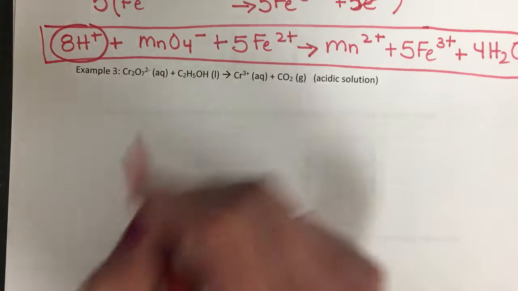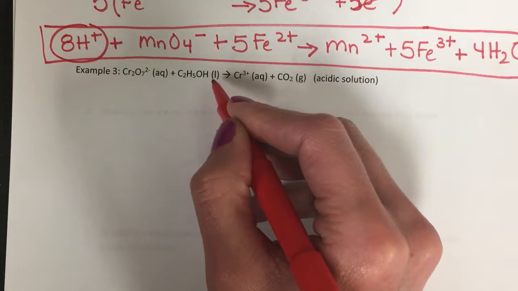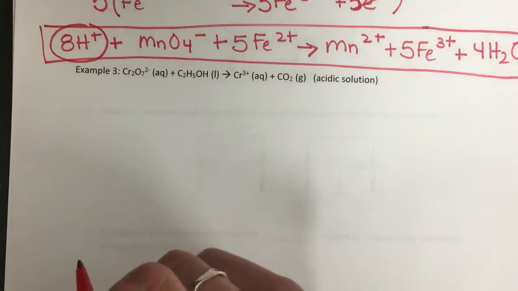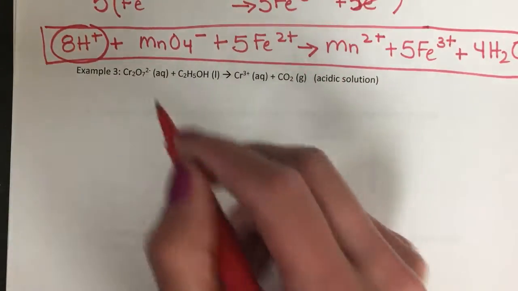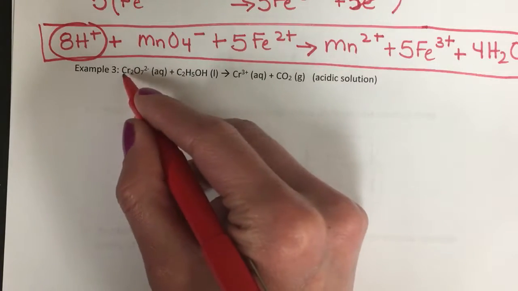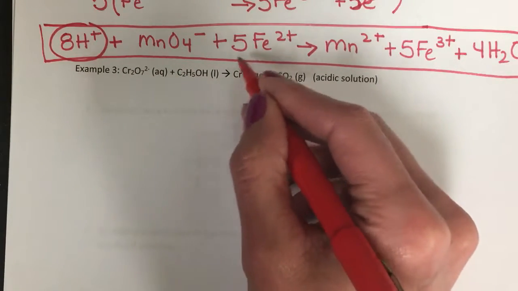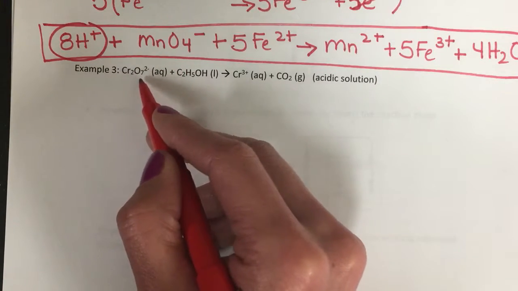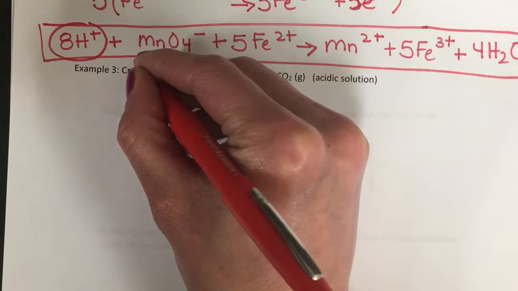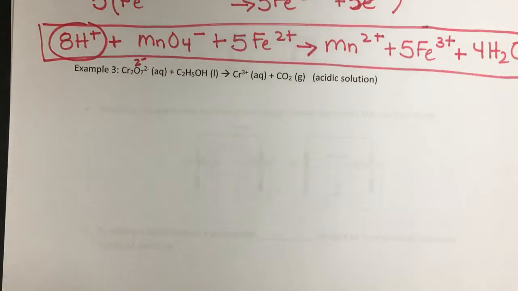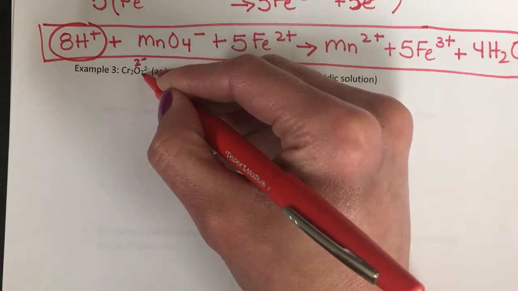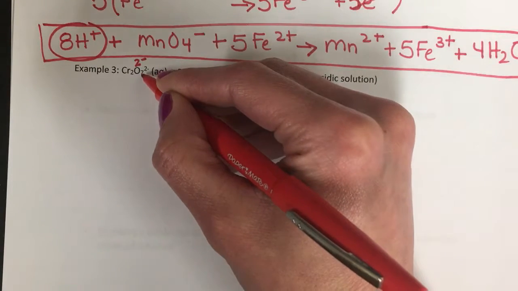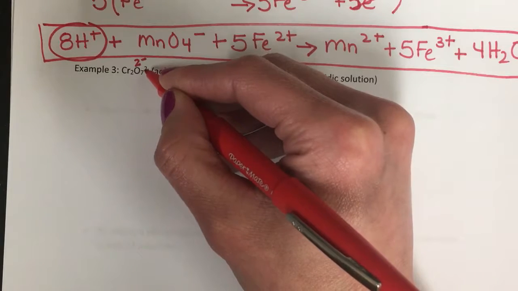Cr2O7 2-, C2H5OH forms Cr3+ and CO2. So if I look at this, my Cr is here, it's changing into this. So let's look. Cr is partnered with O. I know O is a -2. I have 7 of them, so that's 14 negatives. When I'm done, I have to have 2 negatives.